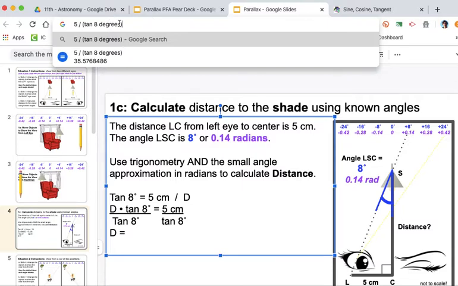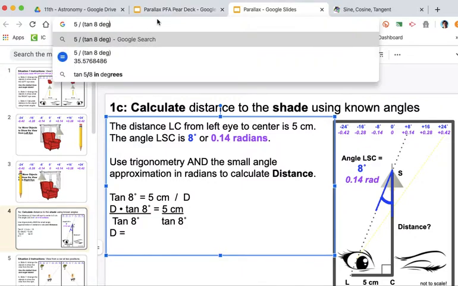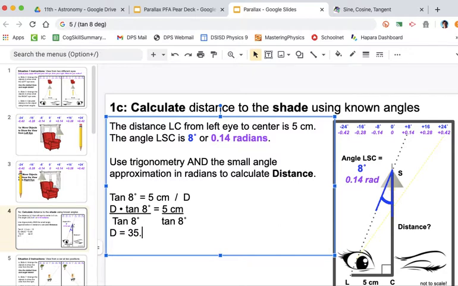I'll tell you why in a second, but there are two different ways of expressing the angle, and Google will understand if you write degrees, or maybe even DEG. Yeah, it understands degrees as 8 degrees. So if you write tangent 8 degrees or 8 DEG, it understands how to deal with that. So 5 divided by the tangent of 8 degrees equals 35.5 centimeters. We're saying this lamp is 35.5 centimeters away from our eyes.